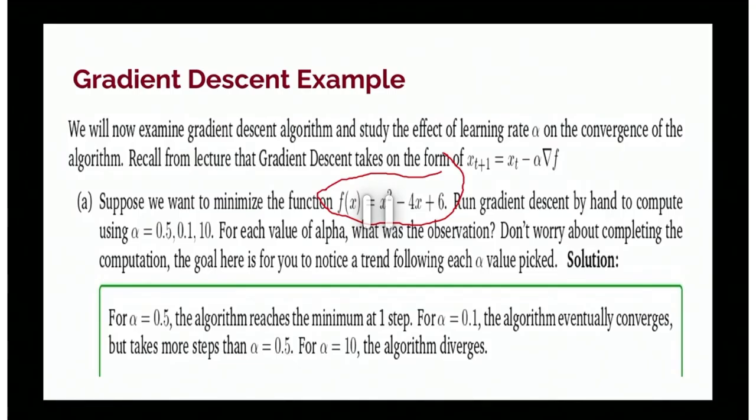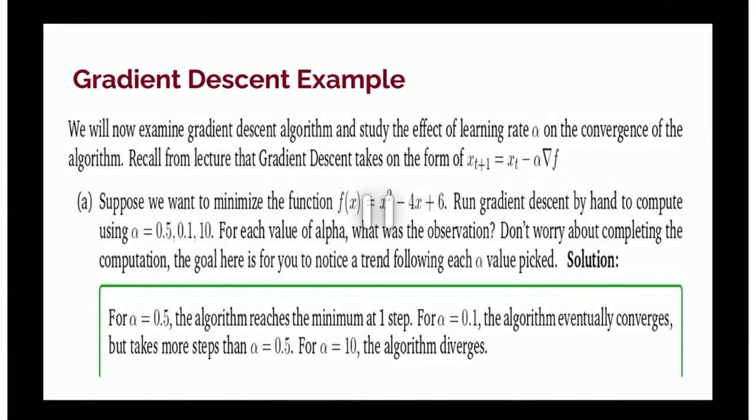And you want to test alpha, because this is how you can update: x t plus 1 equals x t minus alpha times the gradient of f. We want to know the size of alpha that's going to do the job. Now, when you try using alpha equal to 0.5, what happened?